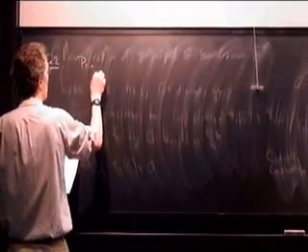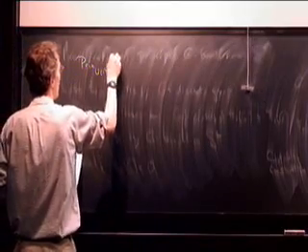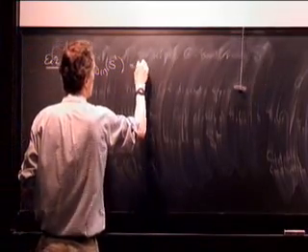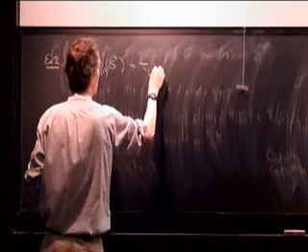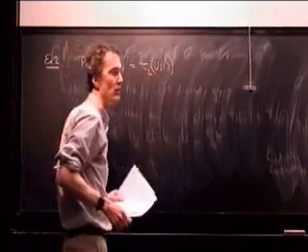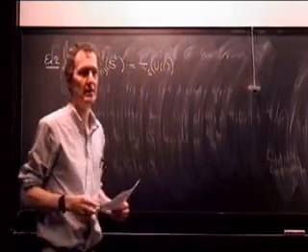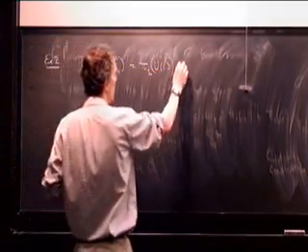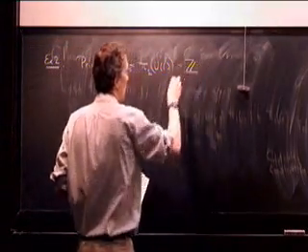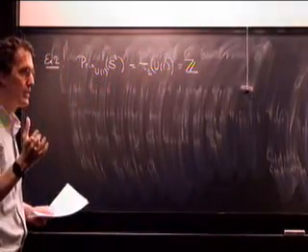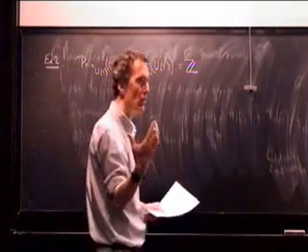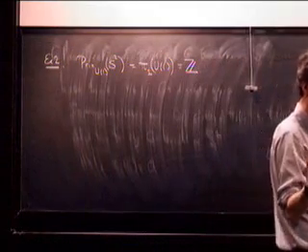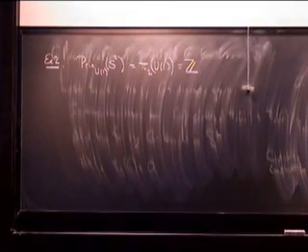Principal U1 bundles over the 2-sphere are in one-to-one correspondence with pi 1 of U1. And what is pi 1 of U1? Z. Right, thank you. That means that for every integer, there is an inequivalent principal U1 bundle over S2.